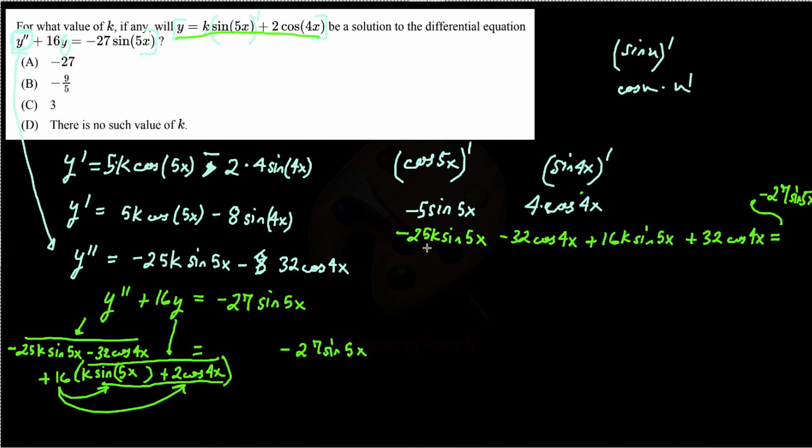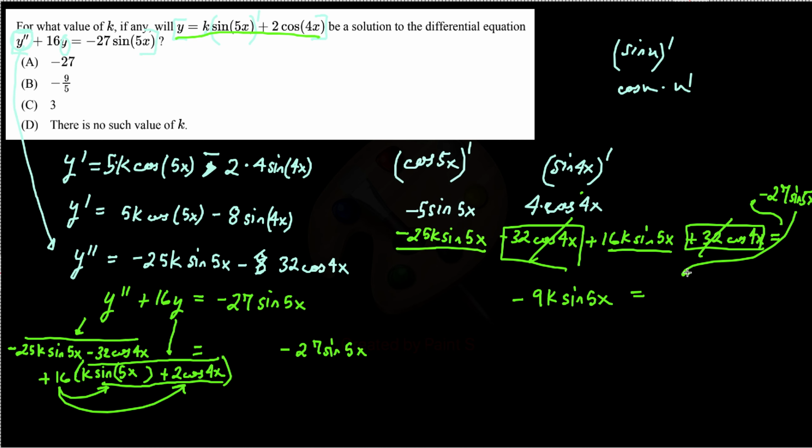Now let's see. Here I have some like terms, which is good. The good thing is that the cosine terms cancel, which makes it possible for there to actually be a solution. Then negative 25k sine 5x is a like term with the 16k sine 5x. What do I get? Negative 9k sine 5x needs to be equal to negative 27 sine 5x.